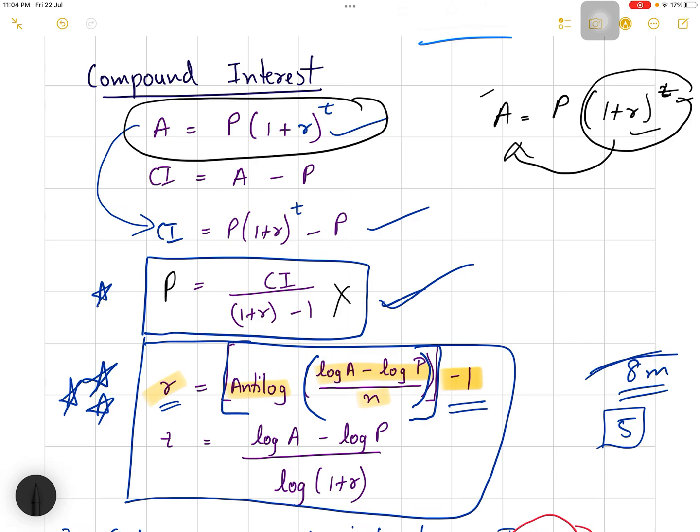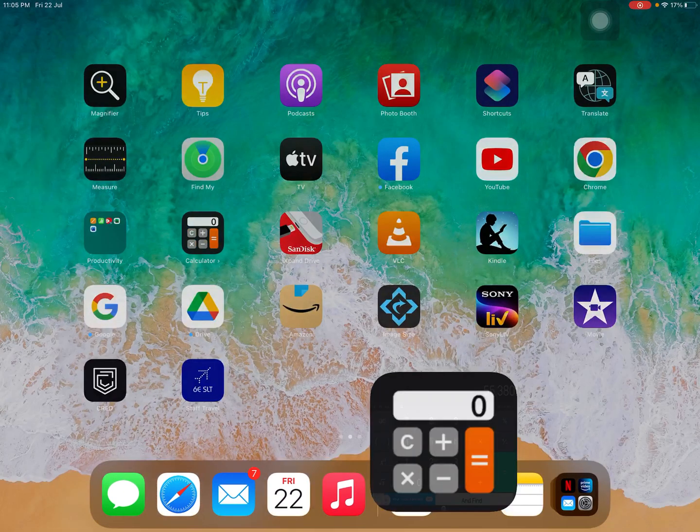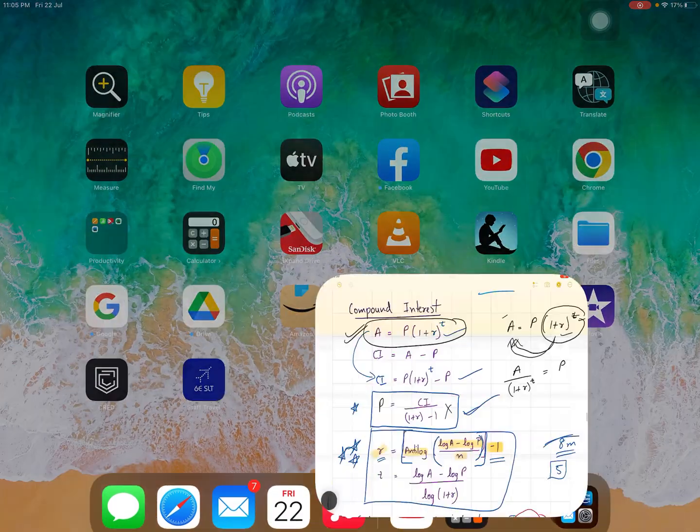When I take the whole bracket to the other side, multiplication becomes division. So it makes A upon (1 plus R) raised to T is equal to P. So this formula only we are using.